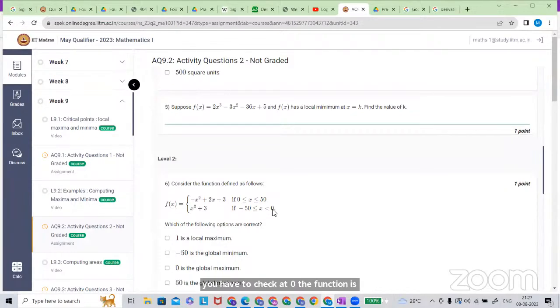If it is differentiable and the derivative is 0, then fine. If it is not differentiable, then again 0 is also a critical point.